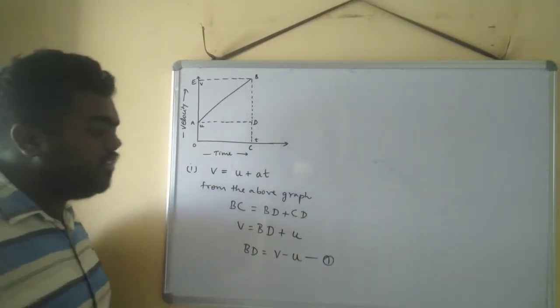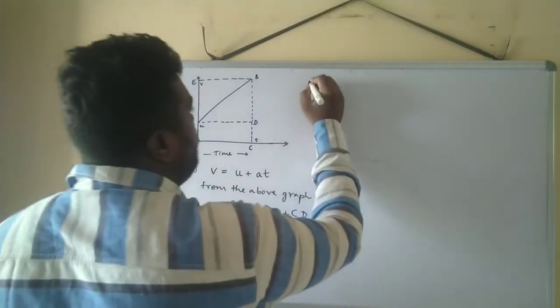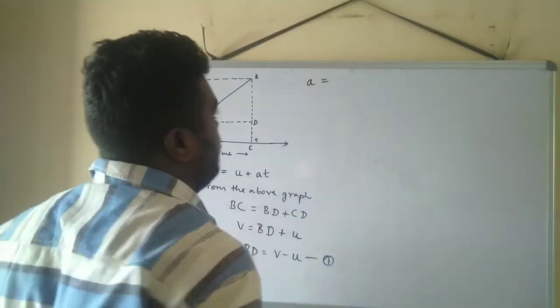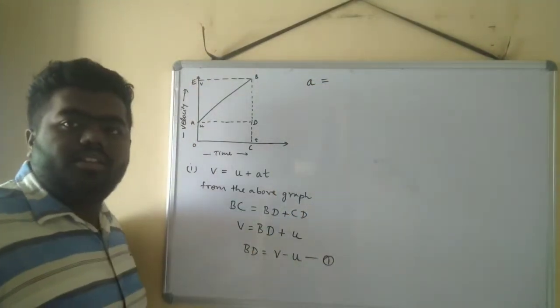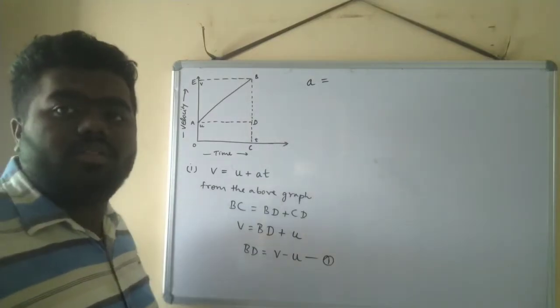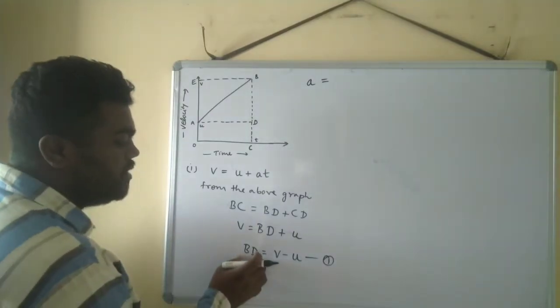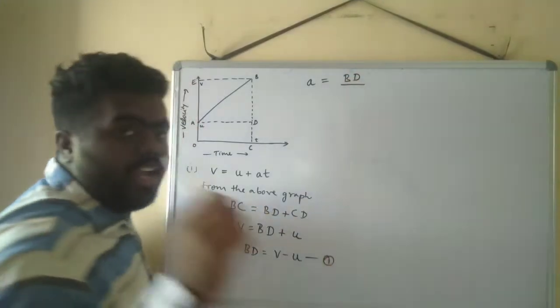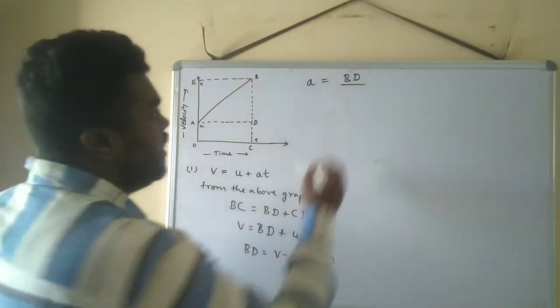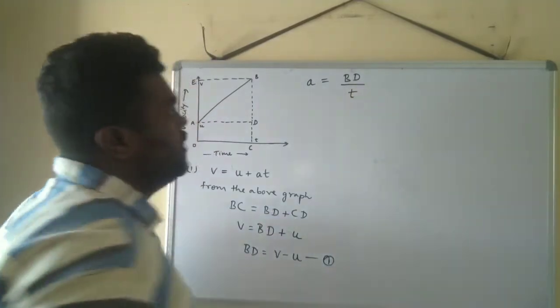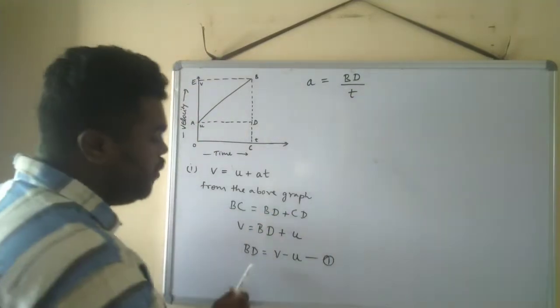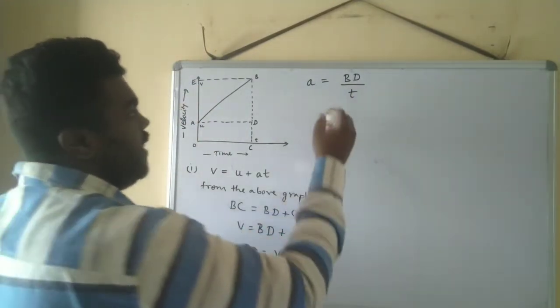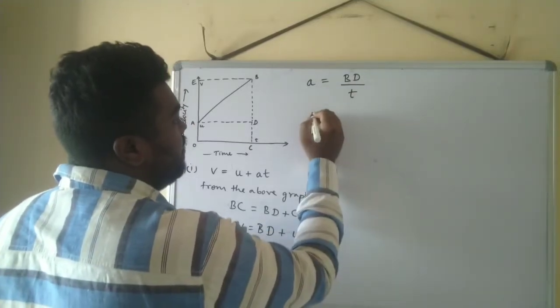Now we will see the formula for acceleration. We know acceleration A is equal to change in velocity, which is given by BD, divided by time. Time is denoted by T. Now I am putting the value of BD here, V minus U, and taking this T to the left side.